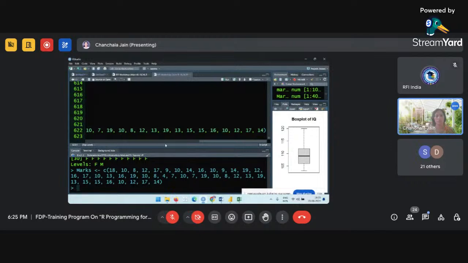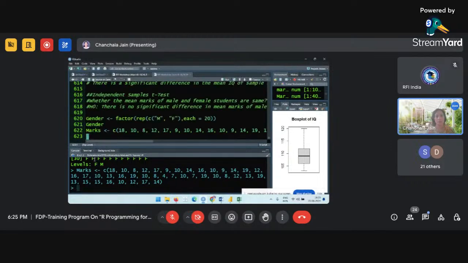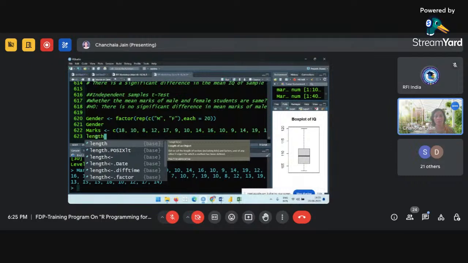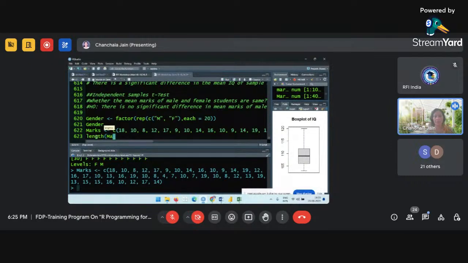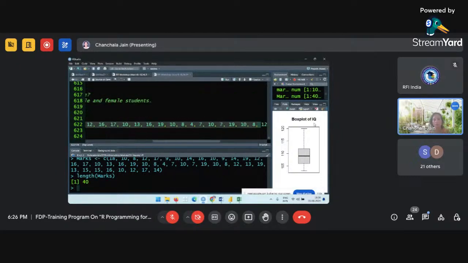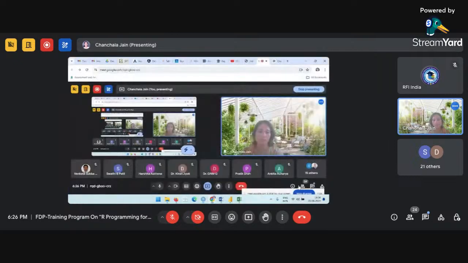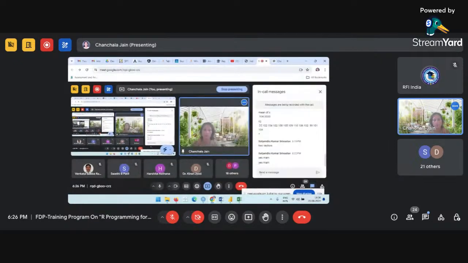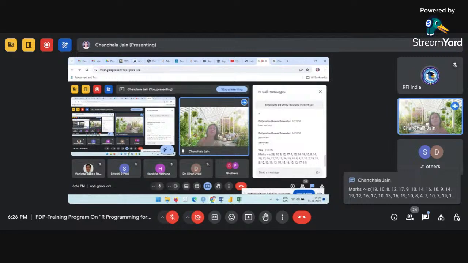I need to check its length. I hope you're understanding the purpose of why I'm checking the length. Okay, in the chat, I copied and pasted it for you. If you want, you can take the same figures.